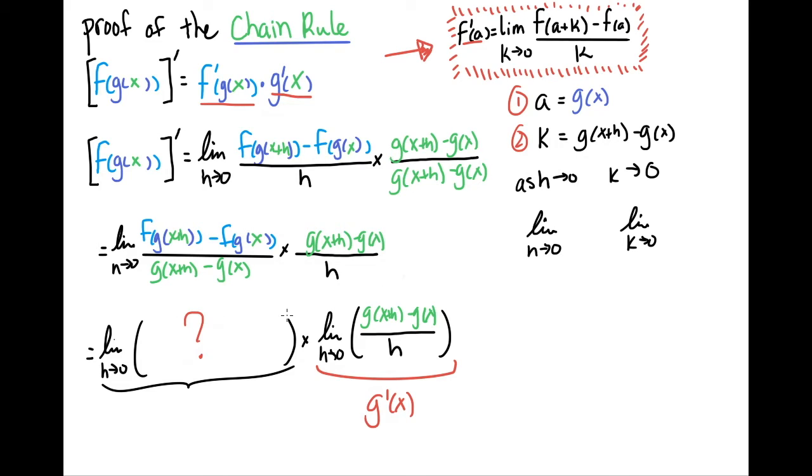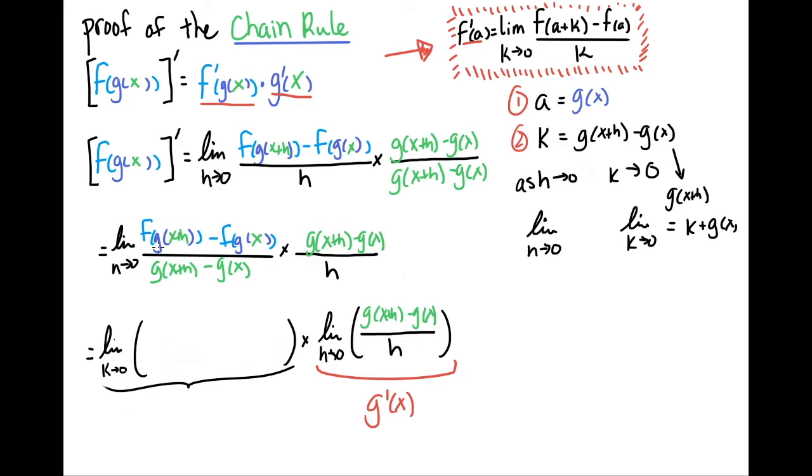So if we get rid of this question mark here, let's rewrite this as not the limit as h goes to 0, but the limit as k goes to 0, and it's f of g of x plus h. Well, g of x plus h is equal to k plus g of x.